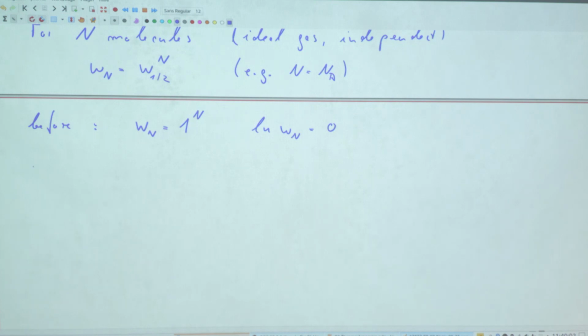And after, when we opened this wall, we have our probability here to the power N. So the logarithm of that.